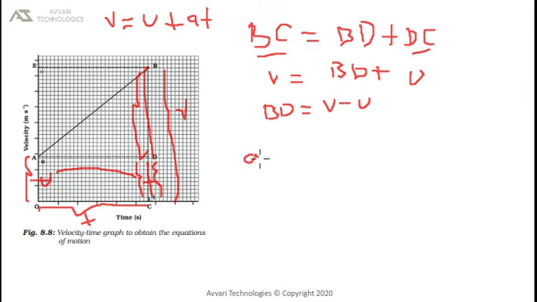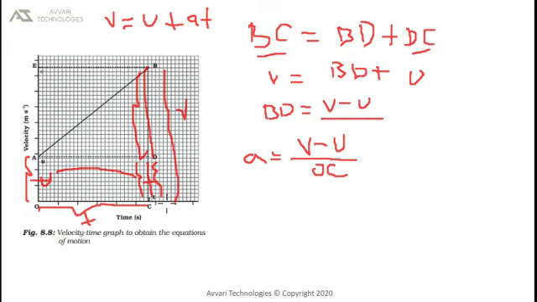Acceleration A is defined as change in velocity over time. Here the change in velocity is V minus U, right? Change in velocity is final velocity minus initial velocity, V minus U, over time interval OC.